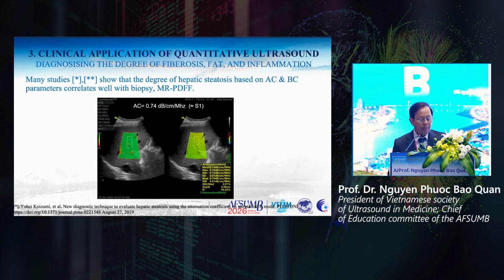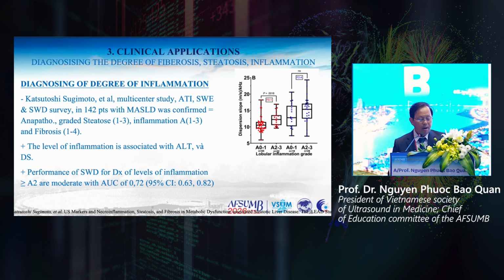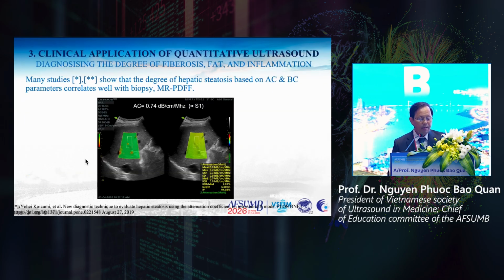And now, based on the attenuation image or backscatter coefficient, we can measure the fat in the liver. In this picture, we can see the attenuation coefficient of this case, 74 decibels per centimeter per megahertz.